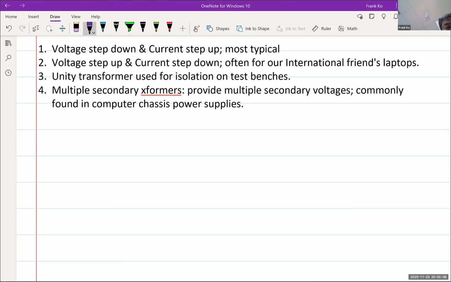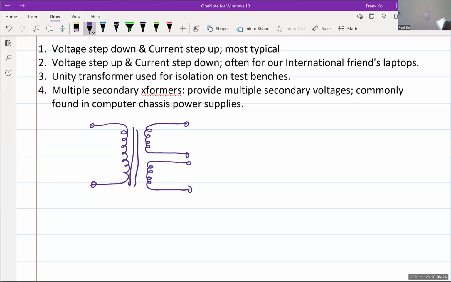I will have a primary here, and I will have a secondary, and I will have another secondary. In this particular one, this would be my V1.